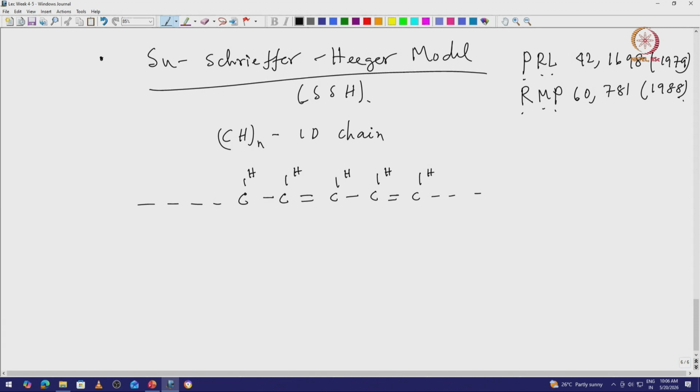Okay. As you know, these are sp2 hybridized, so you will have 3 bonds, and 3 bonds with 2 nearest neighbors can be satisfied in this way.